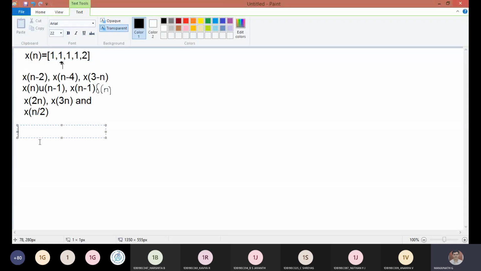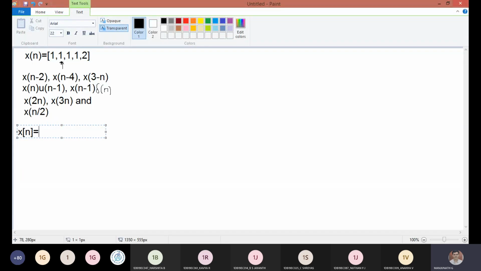Given the signal x of n equals, so this again carries 8 marks. So x of n is equal to 8 minus n.